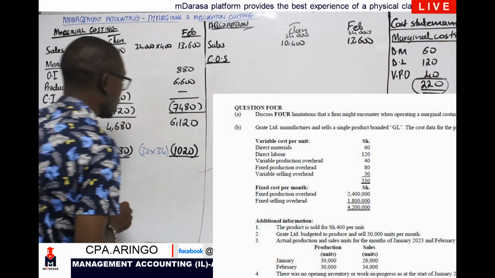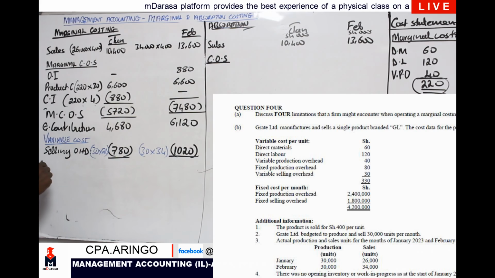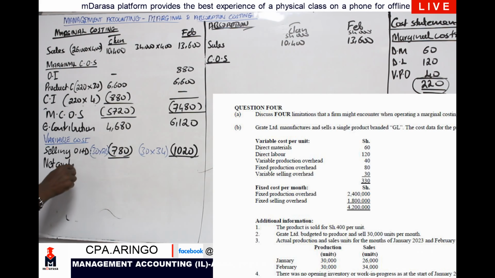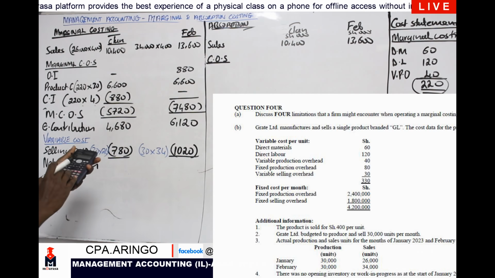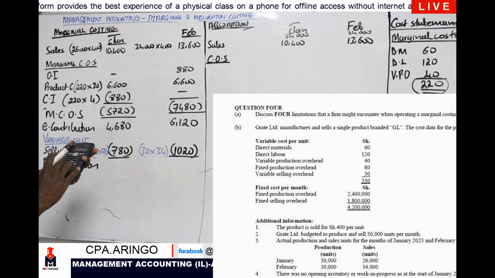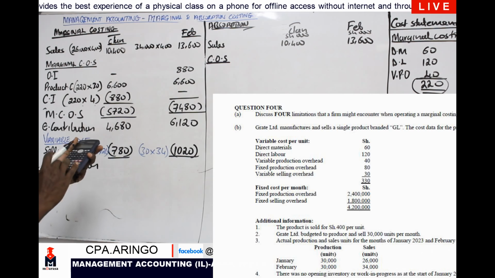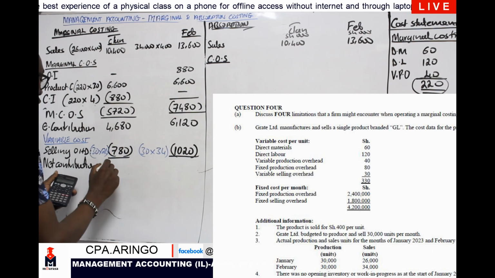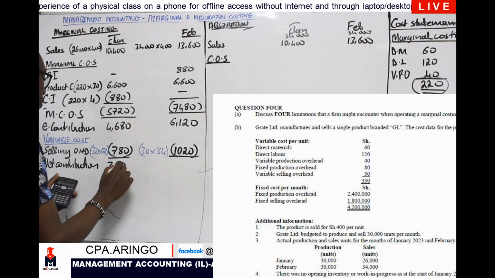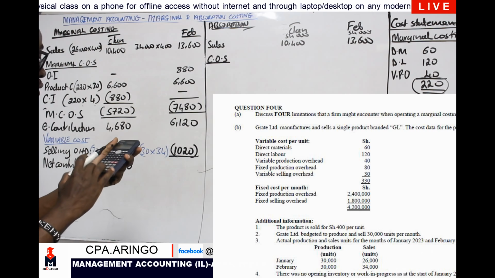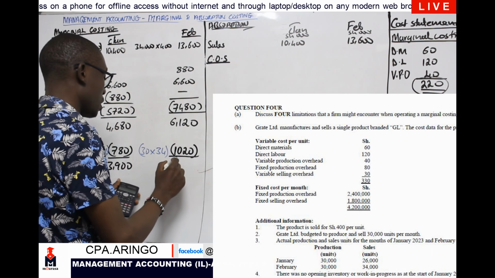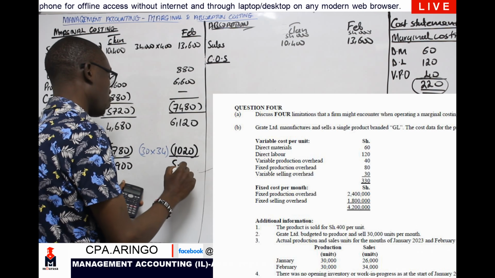So this should give us our net contribution. Therefore, I should be having 4680 minus 780, which will give me 3.9. Whereas the other one, I should be having 6120 minus 1020, which should give us 5.1.